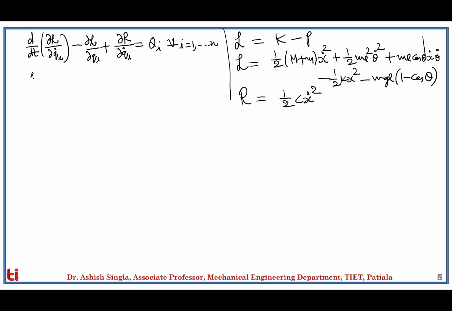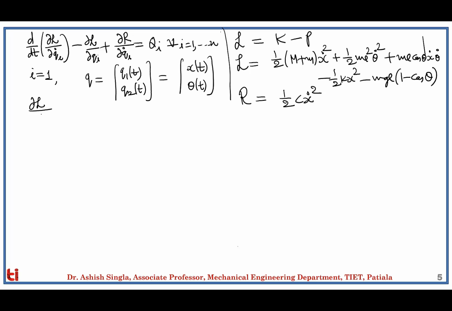So let's take i equal to 1. Here q, that is the vector of generalized coordinates, is equal to, let's say, q1, q2, where q1 represents the displacement of the cart and q2 represents the displacement of the pendulum, theta of t. So for i equal to 1, we have del L by del q1 dot, which can be written as del L by del x dot.